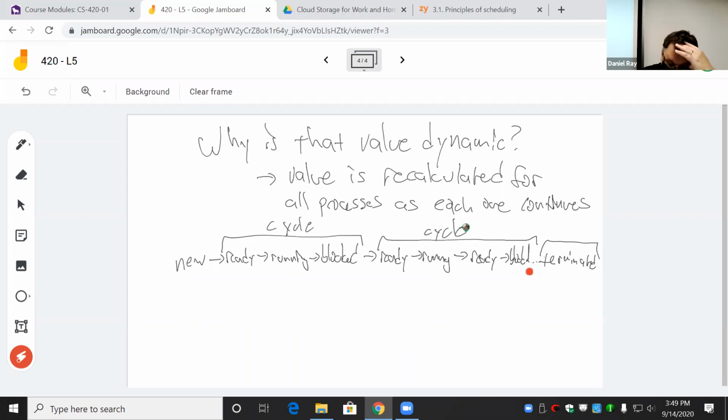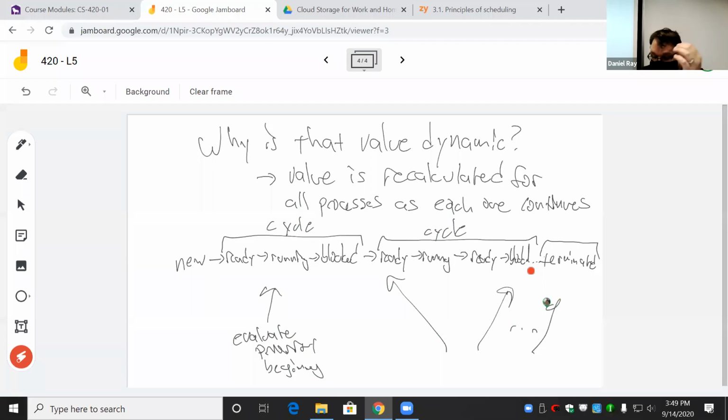And in order to make this dynamic, we evaluate the priority at the beginning of each cycle, here and everywhere else that we get back to ready after being blocked.